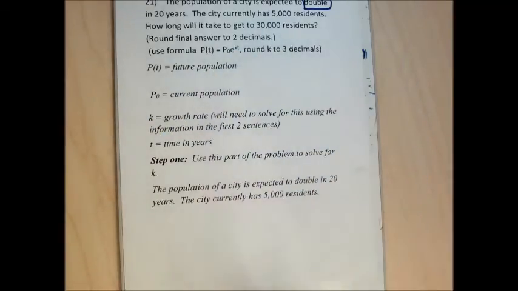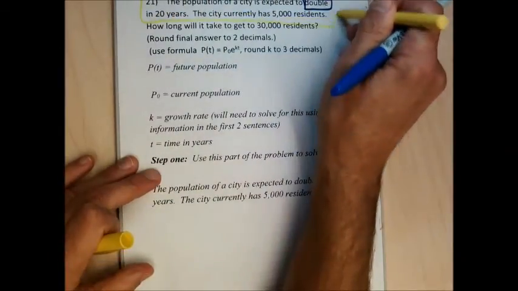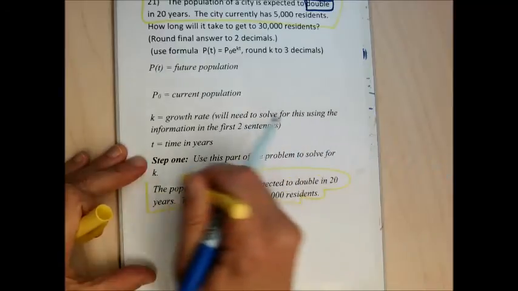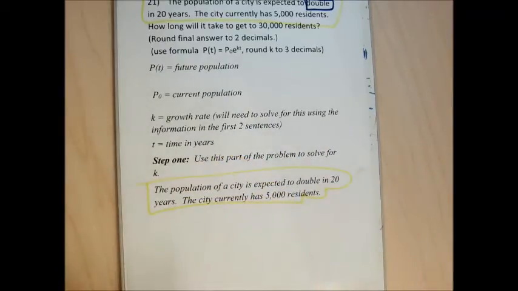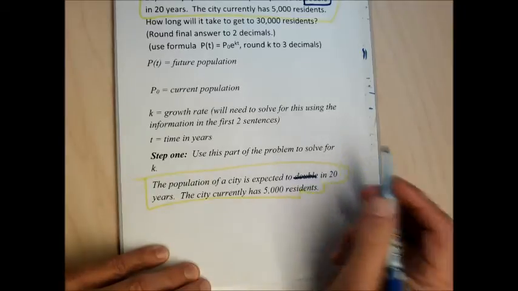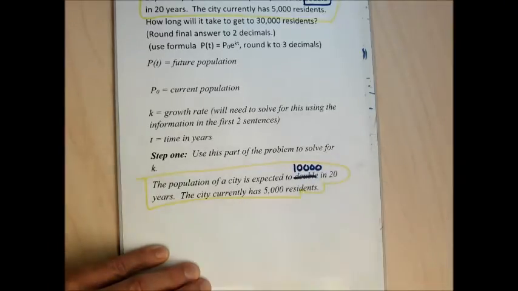So the first thing I'm going to do is I'm going to take the first 2 sentences and I reproduce them down here, and I'm going to use those first 2 sentences to solve for k. So the population of a city is expected to grow to 10,000 in 20 years.